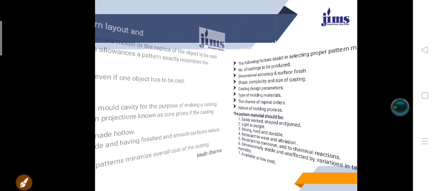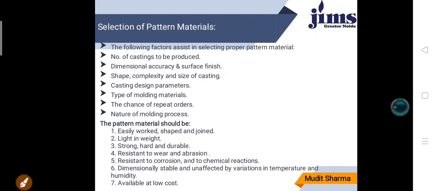Now these are some other parameters on which we select a pattern for our casting. If I am going to produce any product as mass production, batch production or job production, then we decide our pattern.